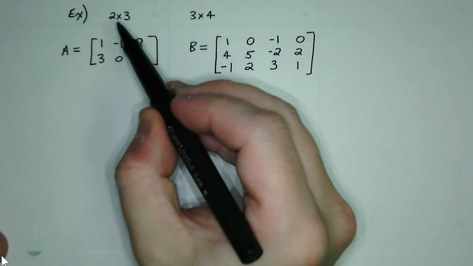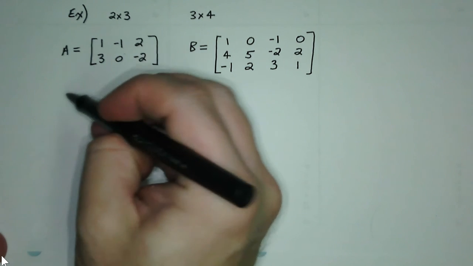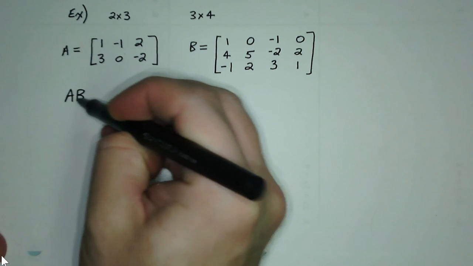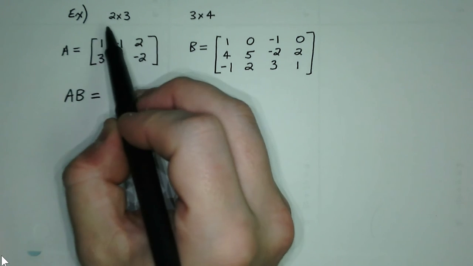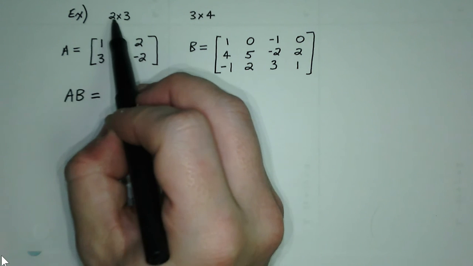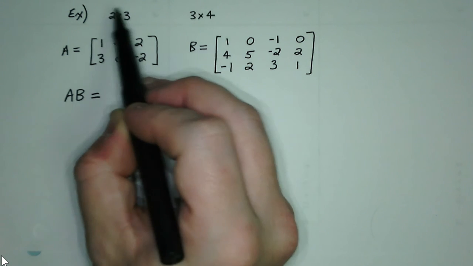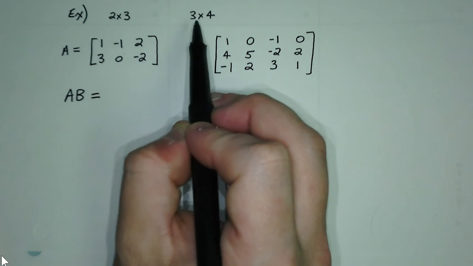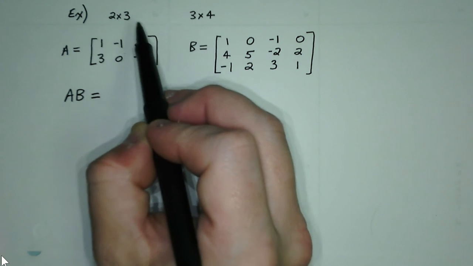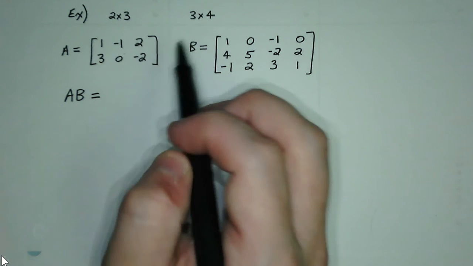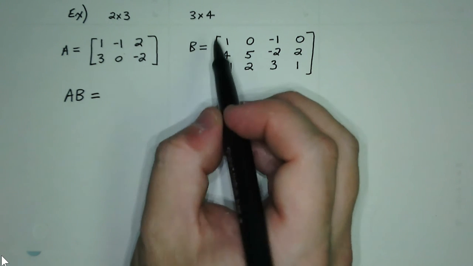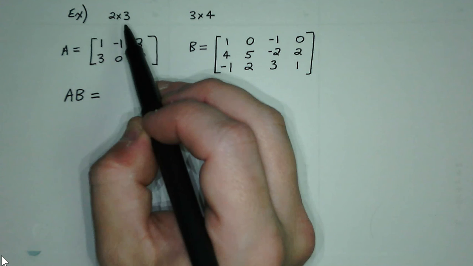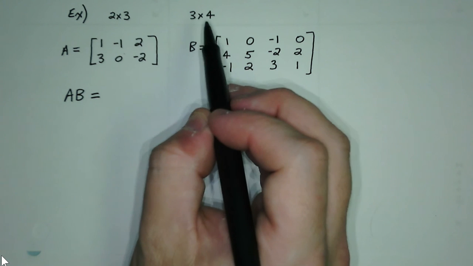So we have a 2 by 3. So if I wanted to do A times B, it's a 2 by 3 times a 3 by 4. Since these inner dimensions match, we can do this. So yes, you can multiply a 2 by 3 matrix times a 3 by 4 matrix.